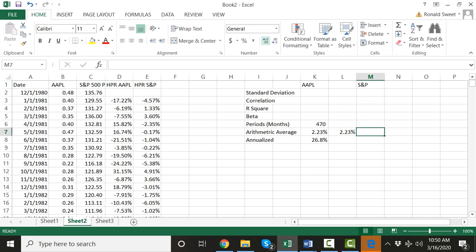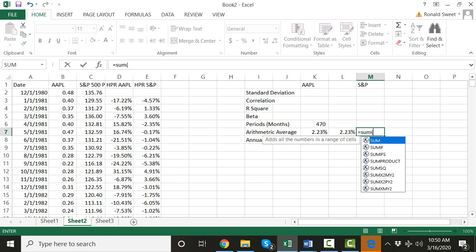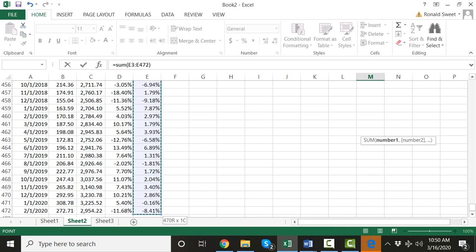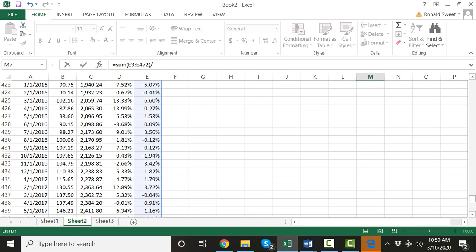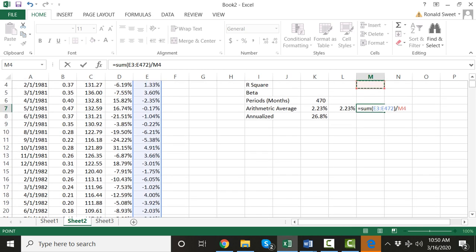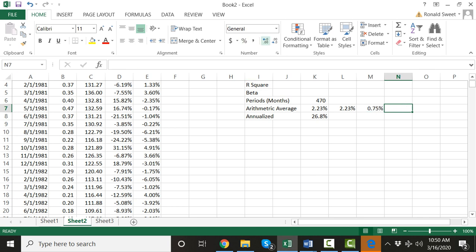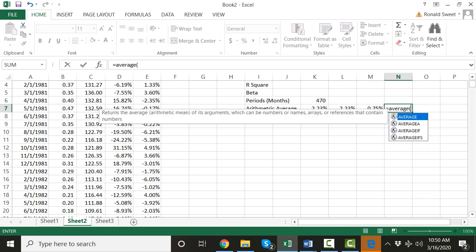So for the S&P, we do equal sum of all of its holding period returns divided by the number of periods, 470, which gives you a monthly average return for the S&P of 0.75%. We can use the average function and make sure we get the same answer.